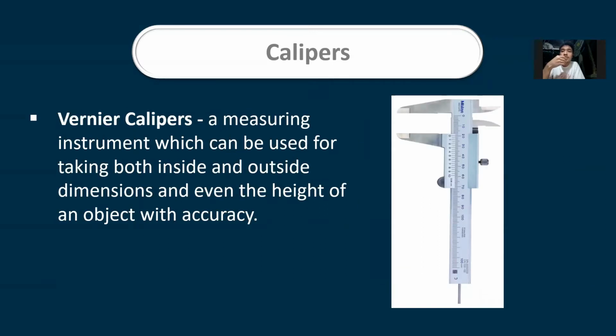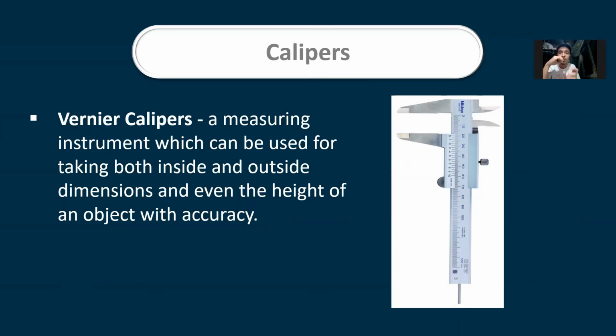For vernier calipers, it is a measuring instrument which can be used for taking both inside and outside dimensions and even the height of an object with accuracy. So, ito namang vernier caliper. Sa kasasabi ko lang kanina, sa slide caliper, straightforward siya kasi kung anong makikita mong measurement doon is yun na. Compared to this vernier caliper naman, ganun din siya.